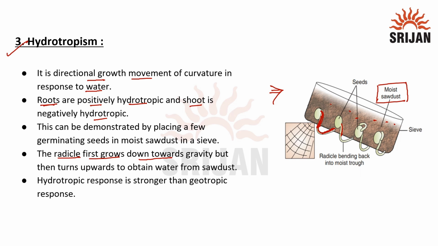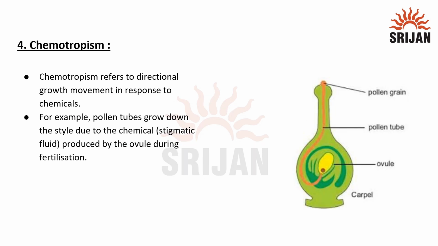Why? Because it is searching for water. So it is showing positive hydrotropism, but now it is going against gravity. When we compare the hydrotropic response and the geotropic response, the hydrotropic response is a bit stronger than the geotropic response.